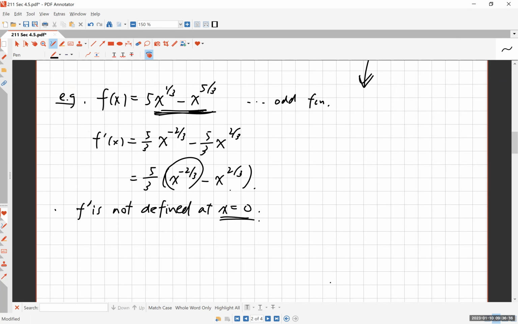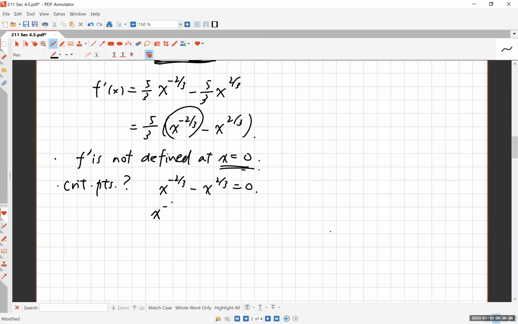All right, and then what's going to happen? Any critical points besides this? All right, so we can try to set this equal to 0. Let's go ahead and write this as 1 over x to the 2/3.